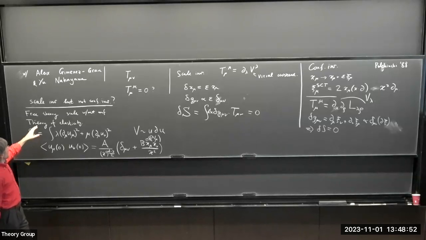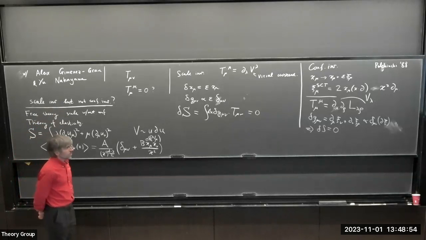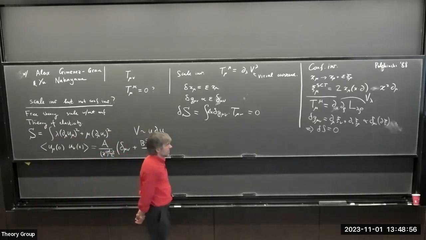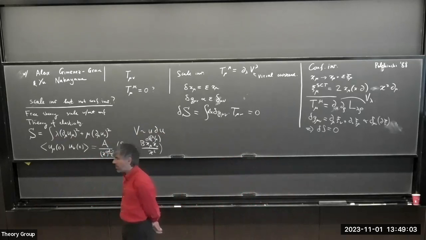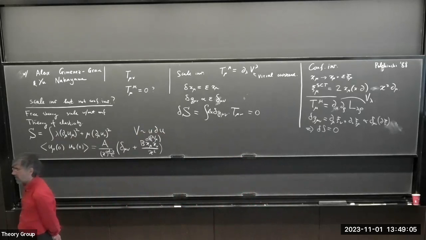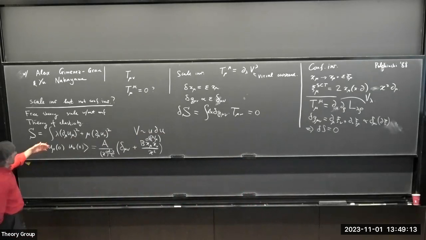In fact, this question of scale without conformal is often studied in the presence of unitarity, especially by particle physicists. But in my opinion, this is a little bit of a red herring, because in statistical physics there are many interesting non-unitary theories, like this one.